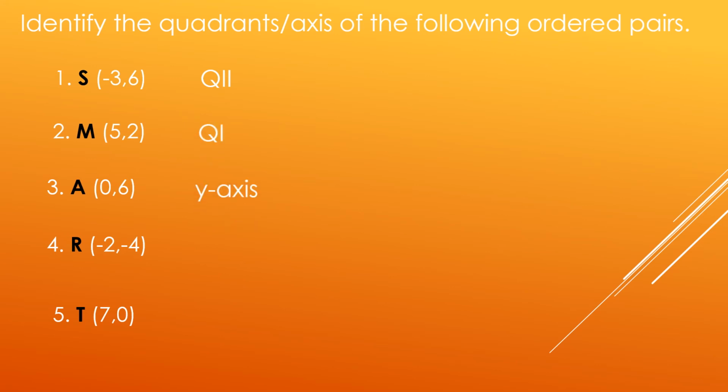Number 3, it's on the y-axis because x is 0, and then from 0 going up, that is 6. So that is on the y-axis. And negative 2, negative 4, that is on quadrant 3. And then 7, 0: 7 is x, and it didn't go up or down, 0, which means on the x-axis.